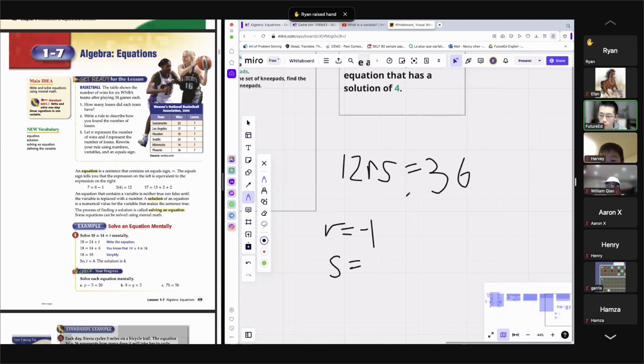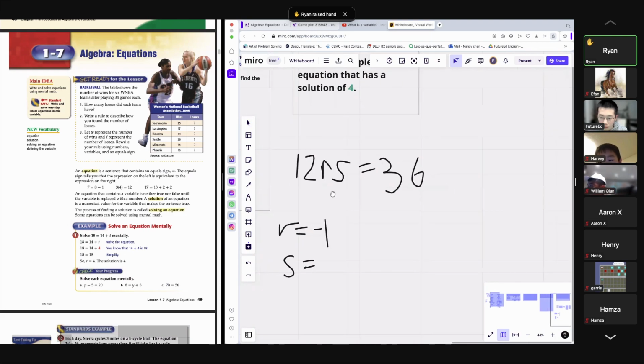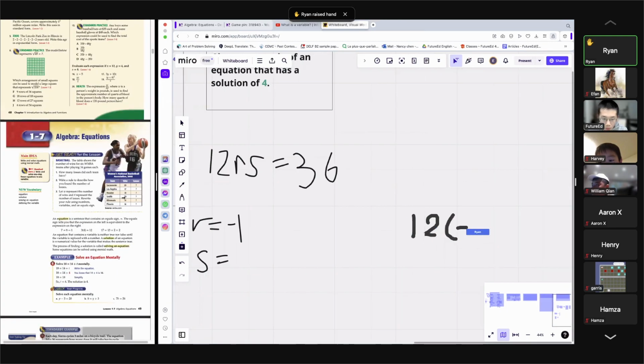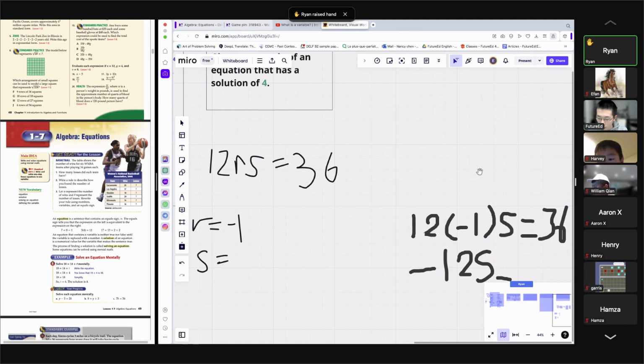Ryan, would you like to give this a try? So first you apply r equals -1 into the left side. So it's like 12 times -1 times s equals 36, and then it's -12 s equals 36, and then you divide 36 by -12.